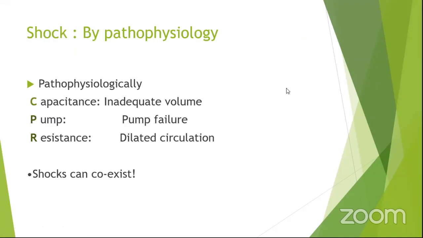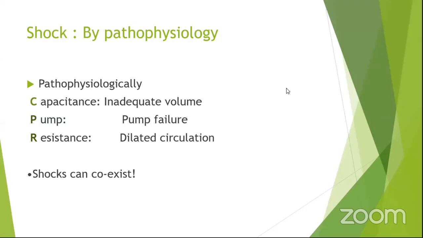So here, what is the pathophysiology of shock? Remember, CBR: capacity, which is inadequate volume, or there is a problem in the pump, or there is a problem in resistance. If there is inadequate volume, like the patient in hemorrhagic shock, hypovolemia, dehydration, all these will affect.